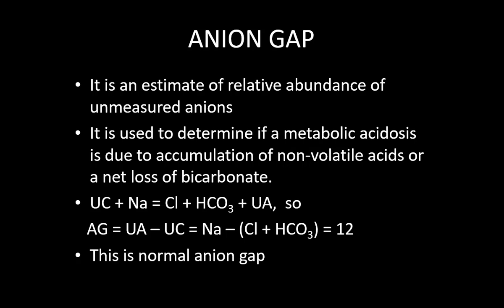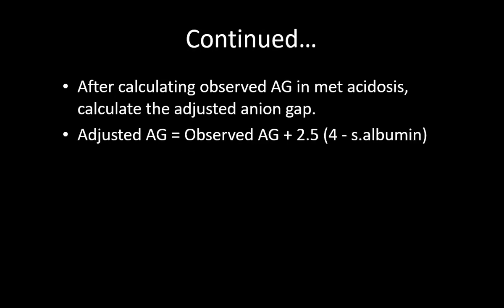So unmeasured cation plus sodium is equal to chloride plus bicarb plus unmeasured anion. So anion gap, unmeasured anion minus unmeasured cation, is equal to sodium minus chloride plus bicarb, which is equal to 12. So this is a normal anion gap.